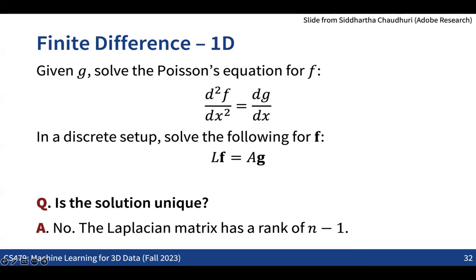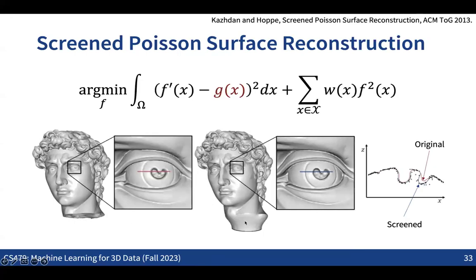But there is information that we didn't use yet. Any thoughts? Any idea? The only information that we are using was the surface normal information, in a way that the derivative is aligned with the normal direction.